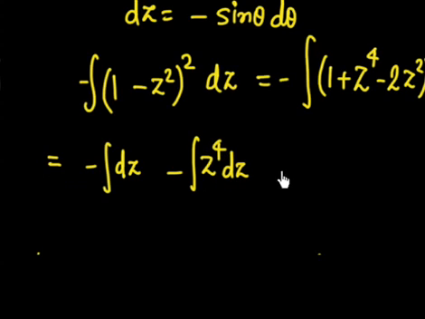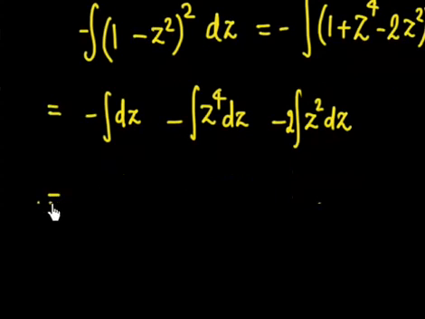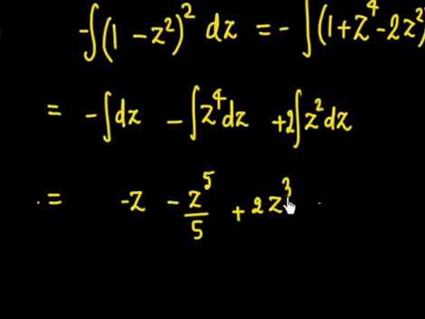This is my second integral, and this is minus 2, let me take outside, z square dz. If I integrate all these terms, dz is simply z, and everywhere I have minus. No, there I will have plus. This is minus, minus becomes plus. Are you getting? So dz is simply minus z, and z4 is z5 by 5, and this is plus 2z square is z cube by 3.